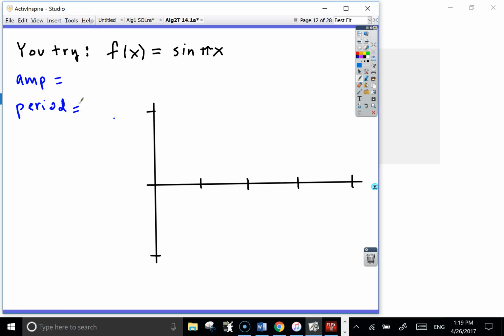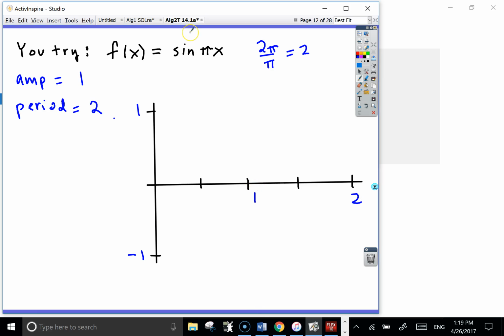What's the amplitude? 1. What is the period? It's actually 2, because if you do 2 pi divided by pi, you get 2. So I've got to label -1 to 1 for the y-axis, and I go 0 to 2 for the x-axis.